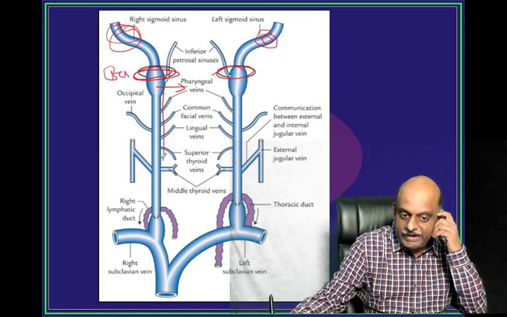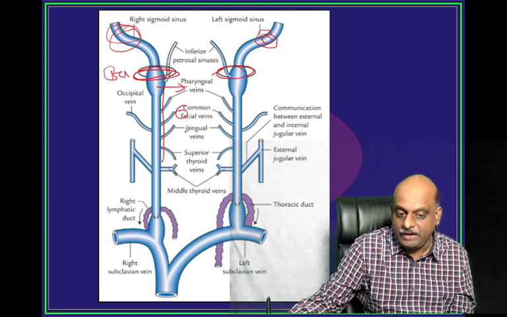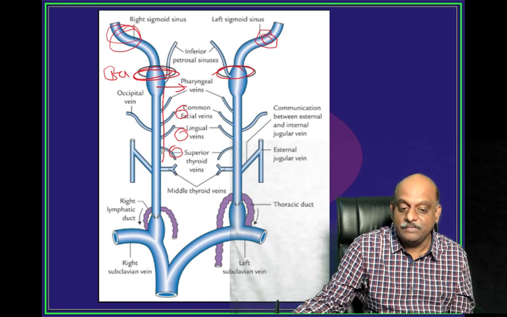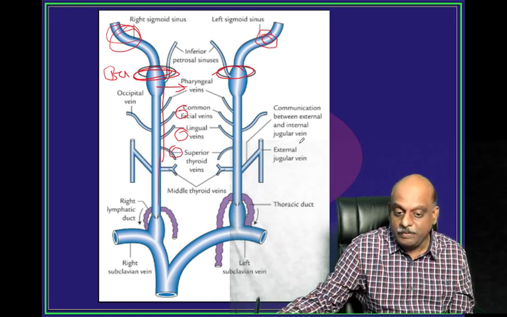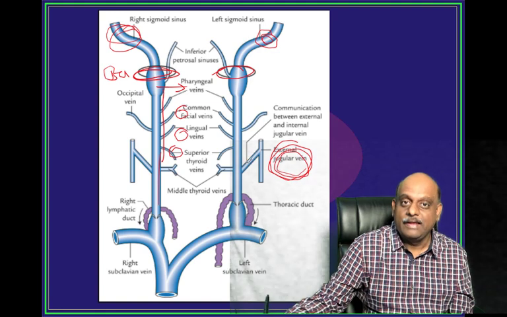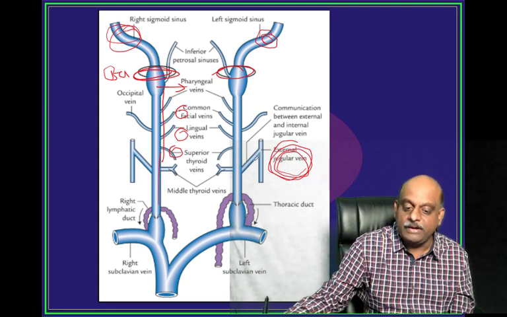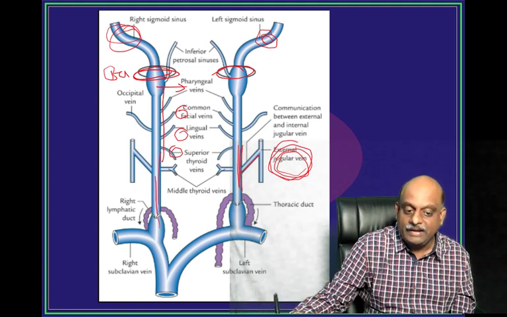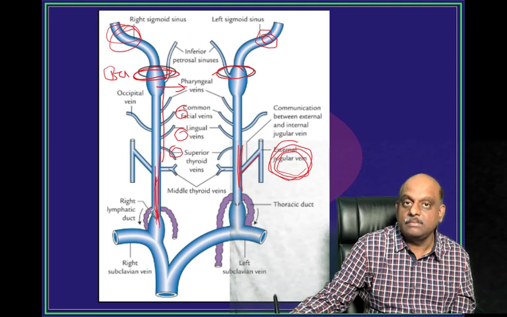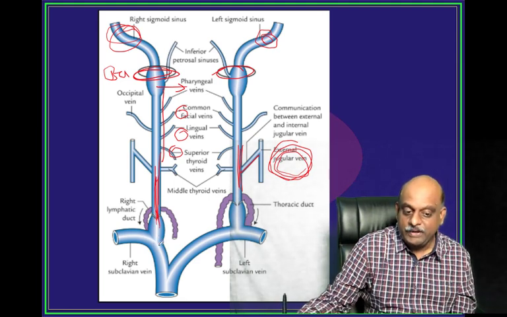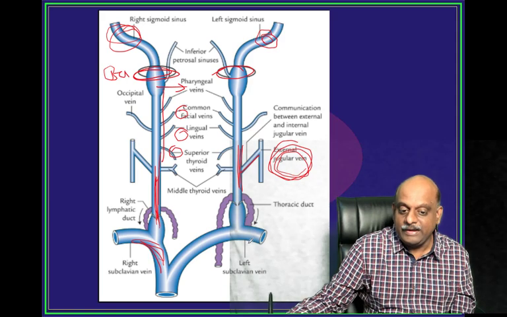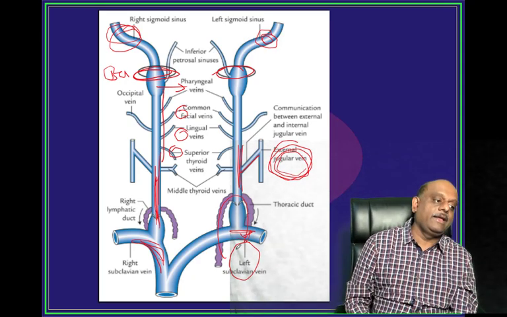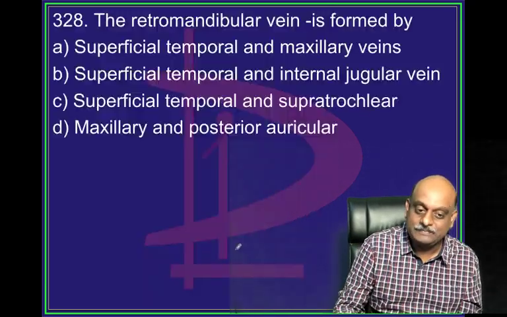When it is descending down, it receives the common facial vein, lingual vein, superior thyroid vein, and so on. Then typically the external jugular vein is there. The external jugular vein communicates through the retromandibular vein and the facial vein. And ultimately, the internal jugular comes and drains into the right subclavian and here into the left subclavian, into which even the thoracic duct is also draining, is what you have to ultimately remember.